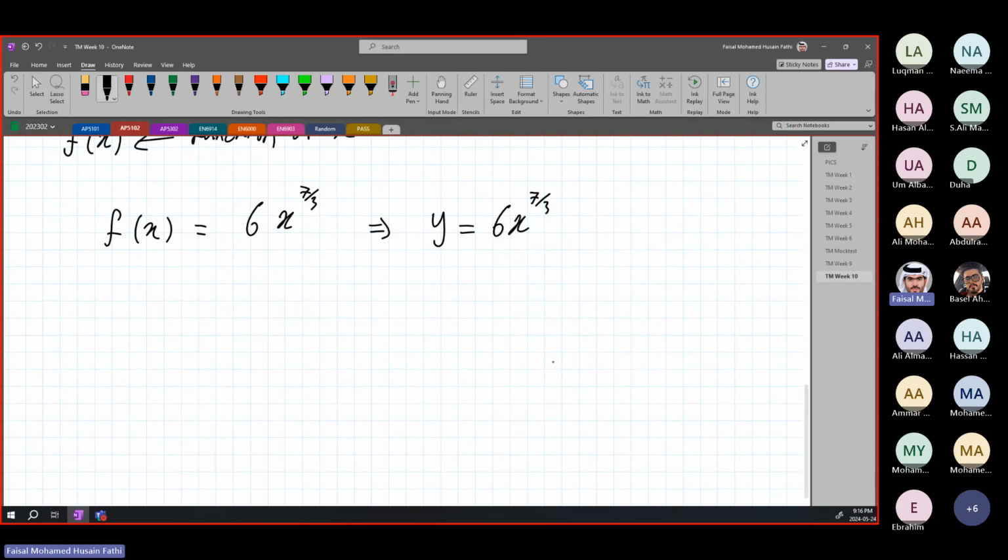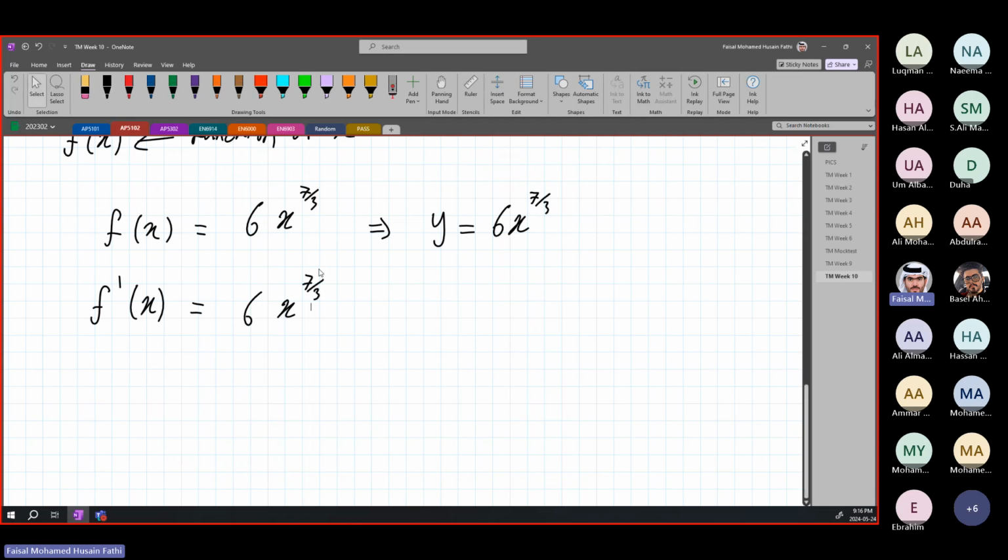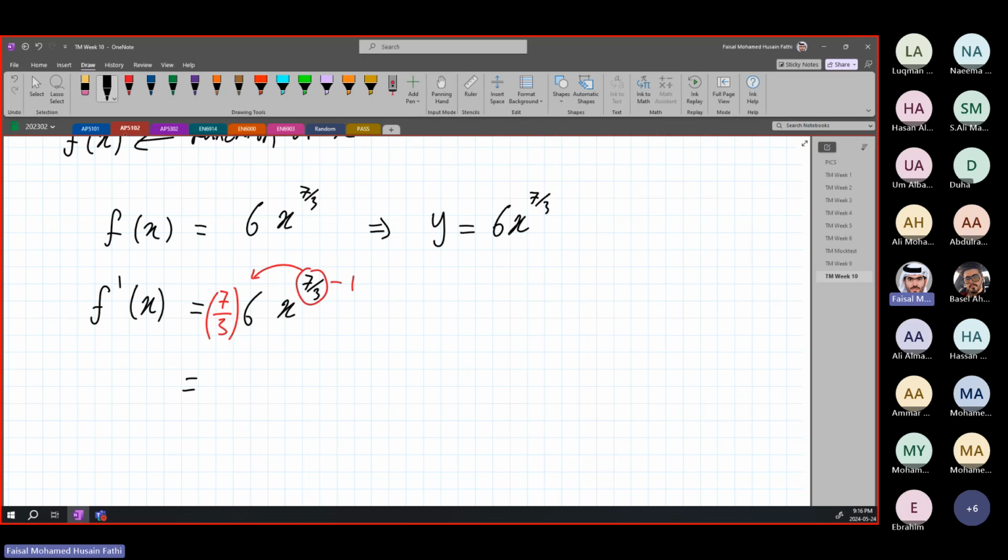So let's find the differentiation of x, or f prime of x, or simply y prime. Again, you will apply the same exact thing in this case. When you have a simple exponential, you're going to do minus 1 and take this and multiply outside. So 7 over 3 outside. It will be equal to 7 times 6 over 3 outside, x to the power 7 over 3 minus 1, that is going to be 4 over 3.